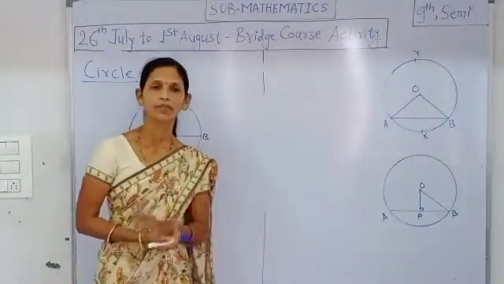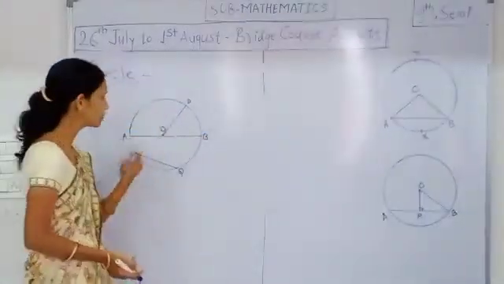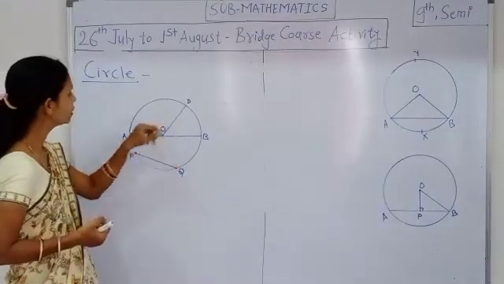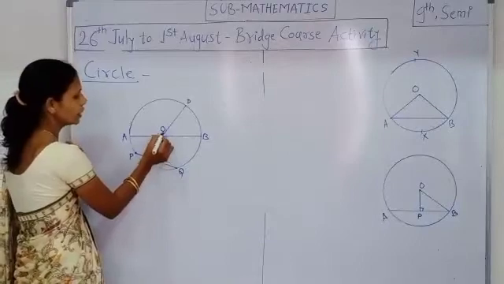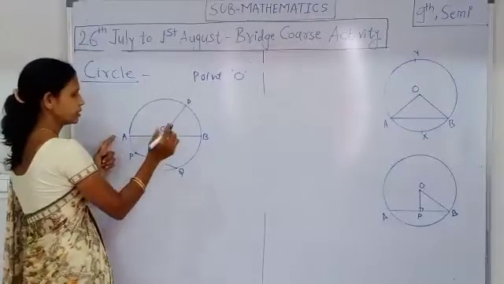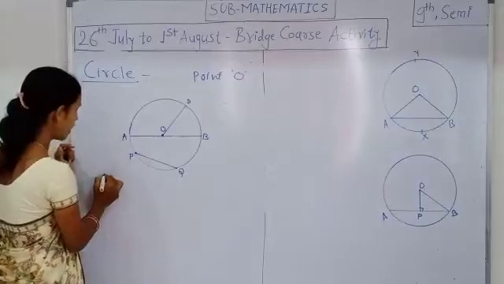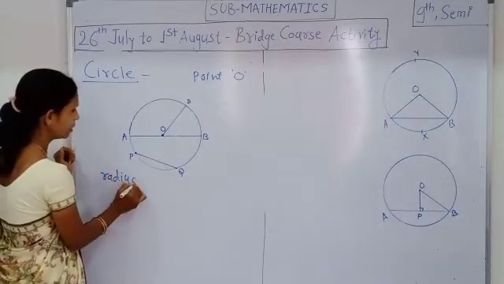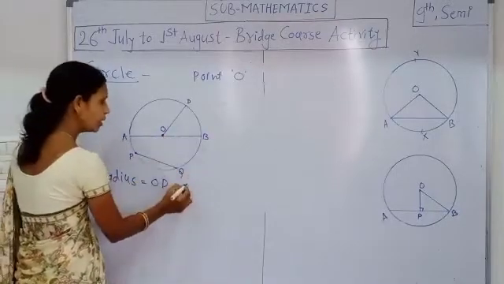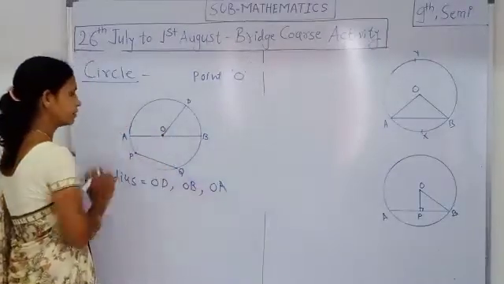Then we will study a few concepts related to the circle. All of you have studied the circle seen in the figure, where point O is the center of the circle. The concepts related to the circle include radius. OD is a radius, OB is also a radius, and OA is also a radius of that circle.